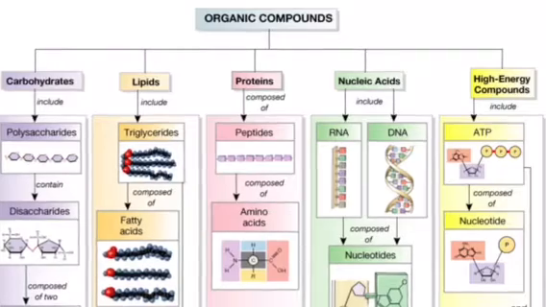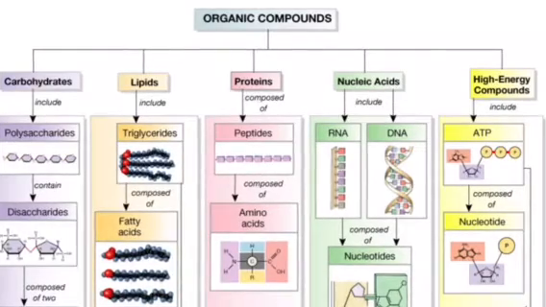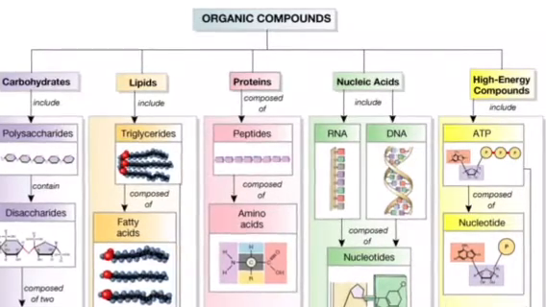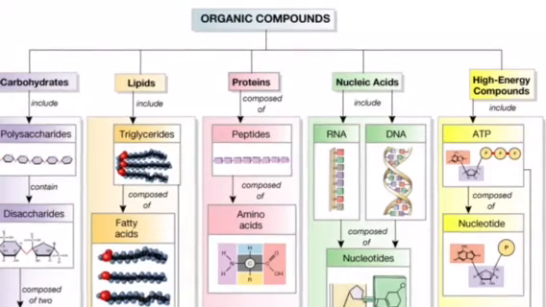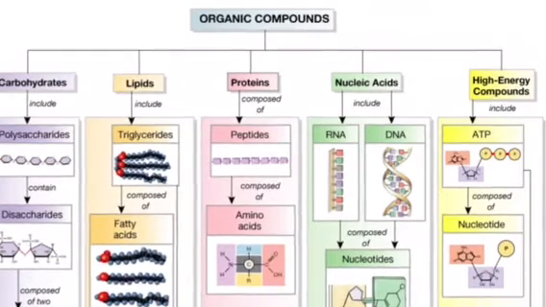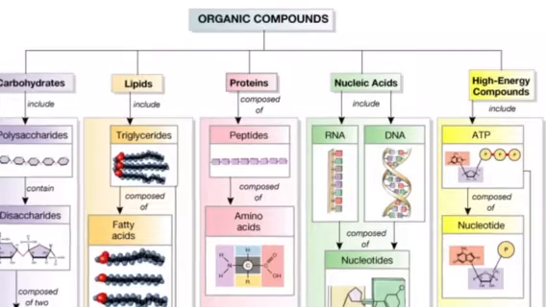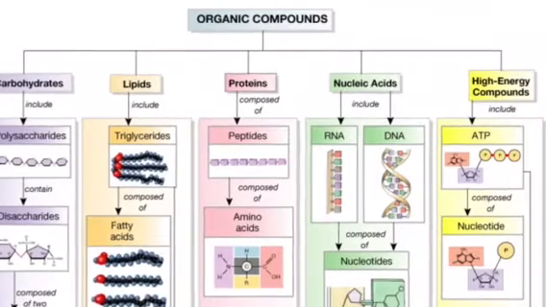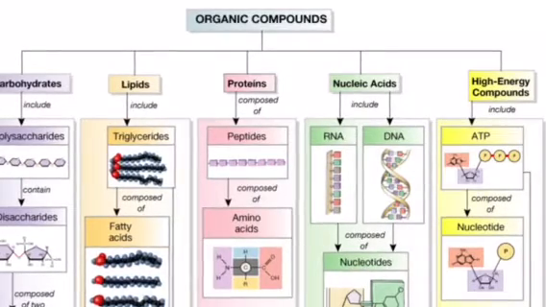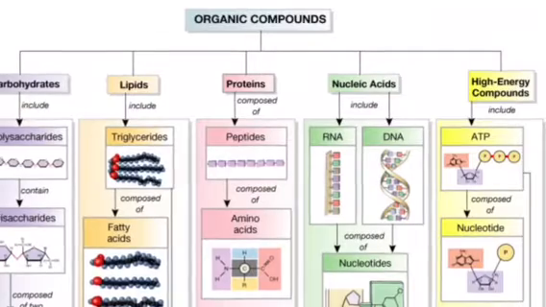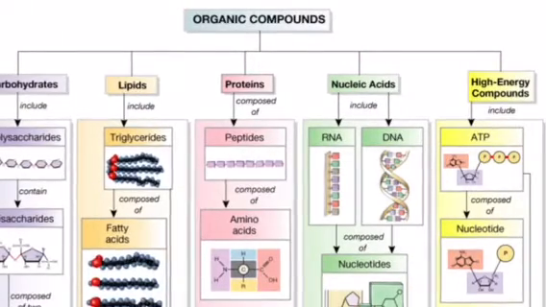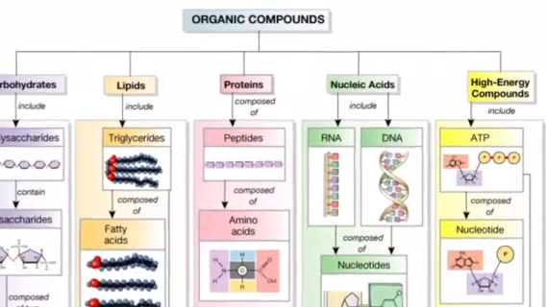Carbohydrates are made from carbon, hydrogen, and oxygen, but are regularly called monosaccharides and disaccharides, which are sugars. Lipids are soluble in nonpolar solvents and include substances such as fats, waxes, steroids, monoglycerides, diglycerides, triglycerides, and phospholipids.